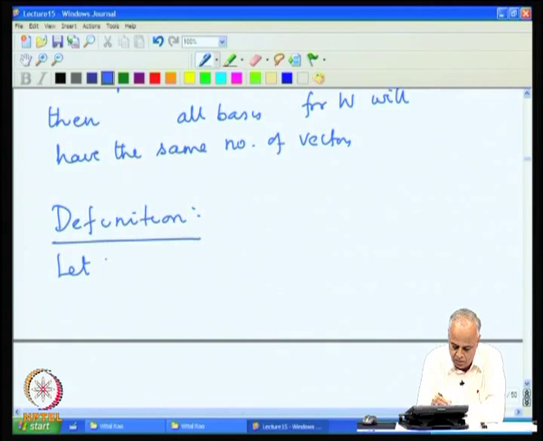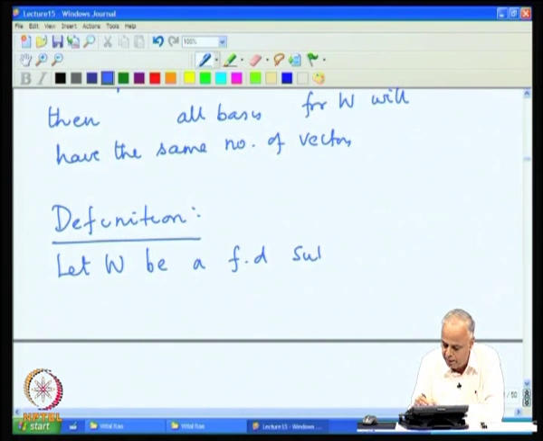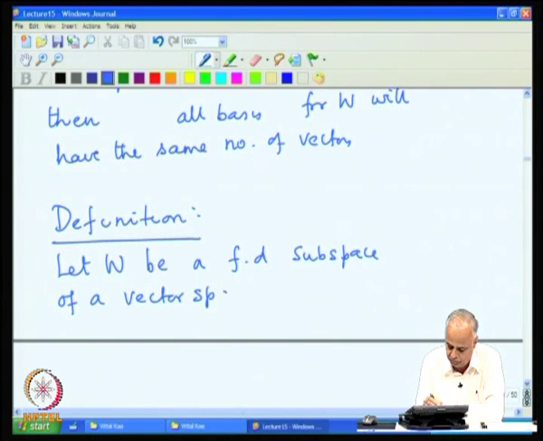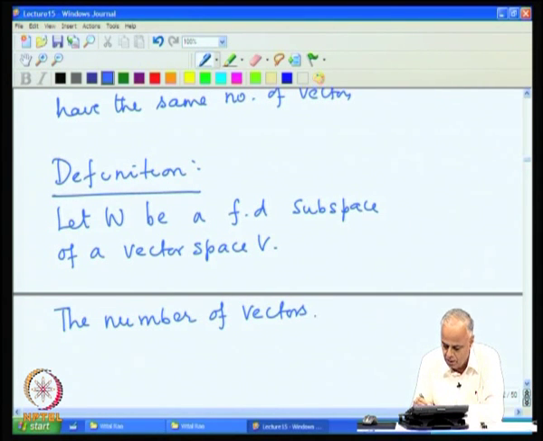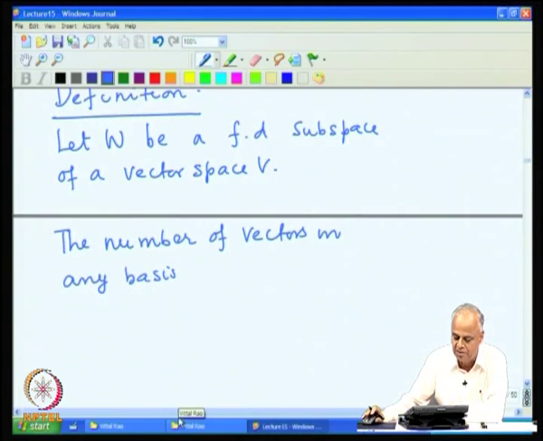Let W be a finite dimensional, we will write FD, subspace of a vector space V. The number of vectors in any basis, we know that it is irrelevant whichever basis we choose, we will get the same number.